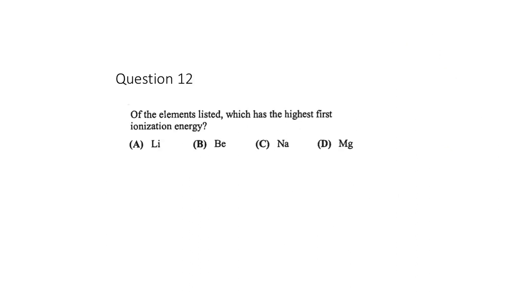Of the listed elements, which one has the highest first IE? So ionization energy increases left to right and decreases top to bottom. Okay, so I got lithium. Beryllium is next door to lithium.